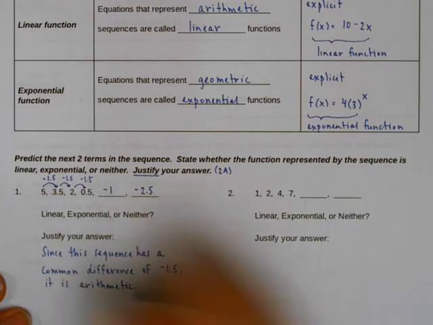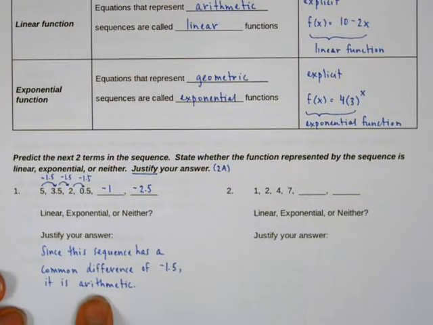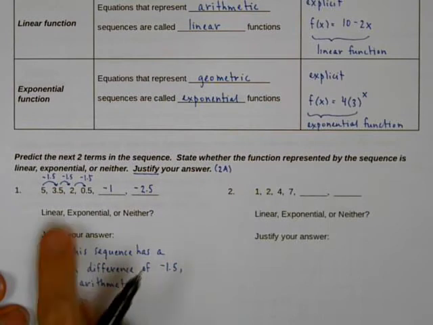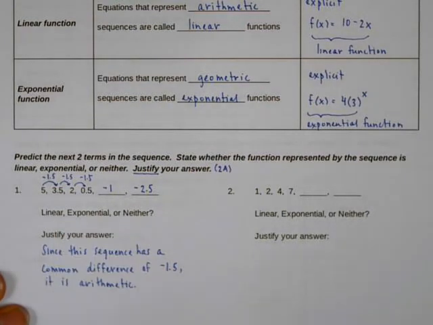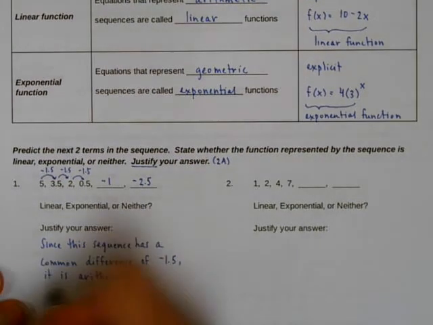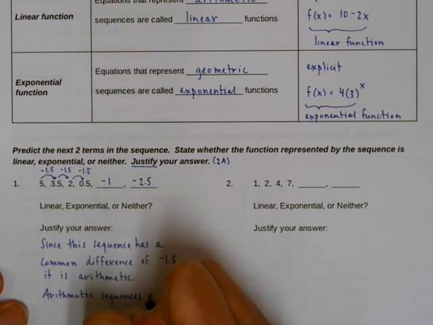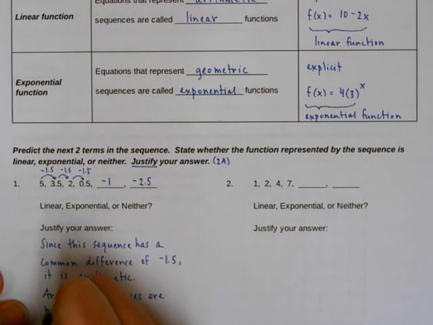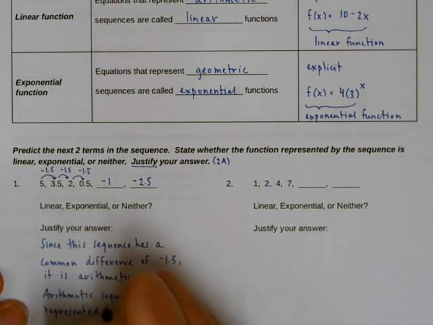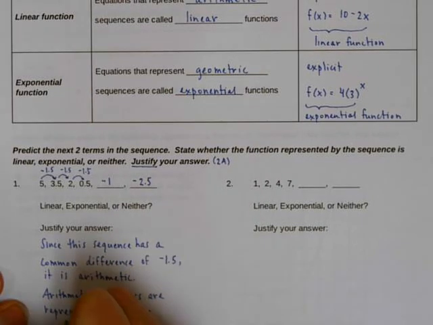So now I've identified that the sequence is arithmetic, but I still haven't answered the question of whether it's linear, exponential, or neither. So now what I need to say is that arithmetic sequences are represented by linear functions.